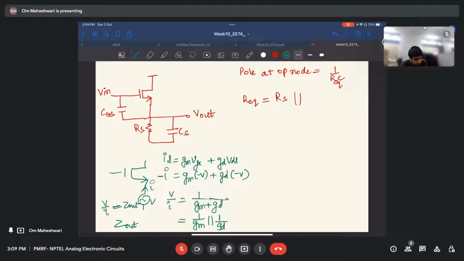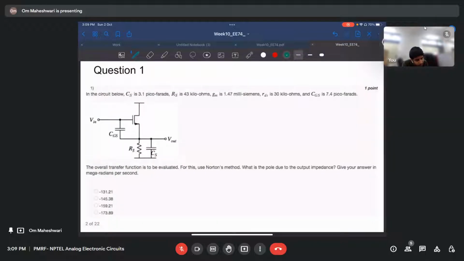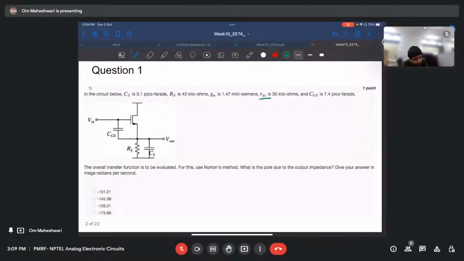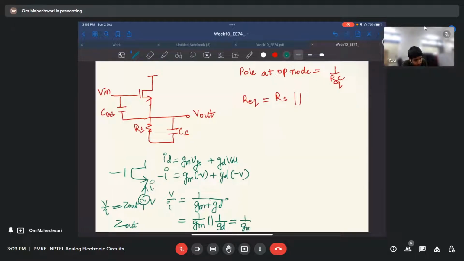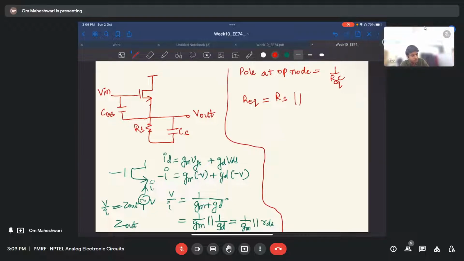These two are equivalent, and GD in the question is given as RDS. So I'll write it in terms of RDS: 1 by GM parallel with RDS. So what we have here is Z out, which is RS parallel with 1 by GM parallel with RDS.